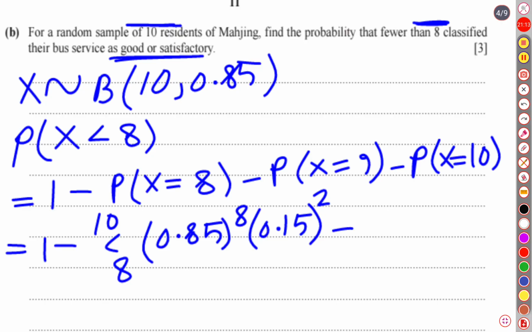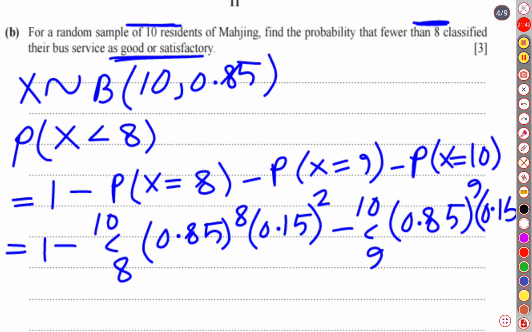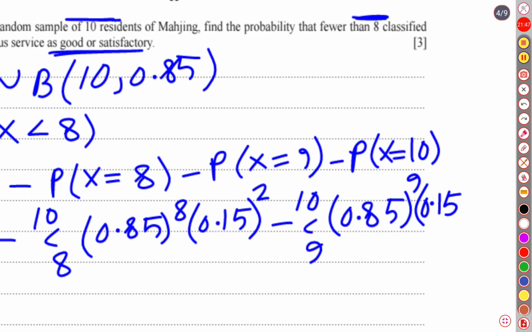Then in the second case, 9 people out of 10: 10 choose 9. Out of 10 people, 9 classified that the service was good or satisfactory, so we raise 0.85 to the power 9. Then only one person didn't: if 9 people classified this as good or satisfactory, then 1 person didn't.